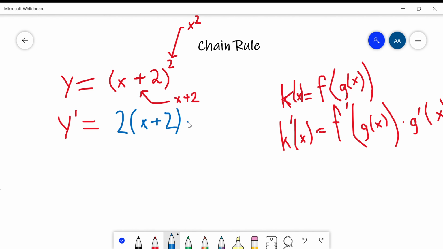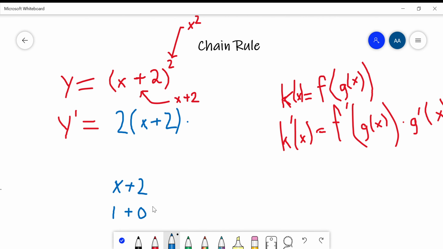We're not done. We still need to do g prime of x. If we take the derivative of x plus 2, using the addition rule, the derivative of x is 1 and the derivative of 2 is just 0.